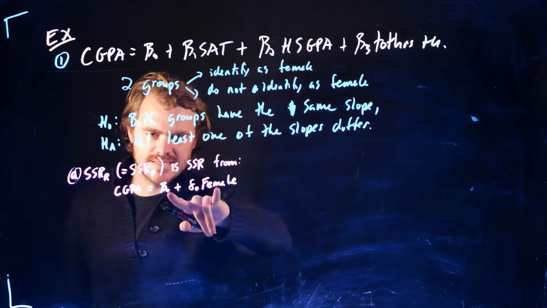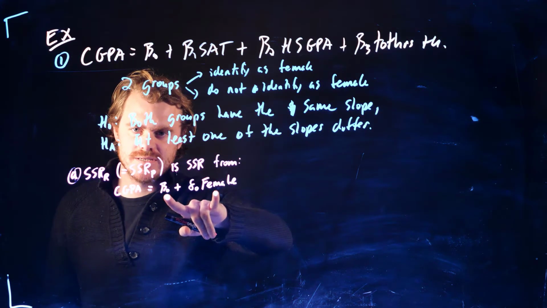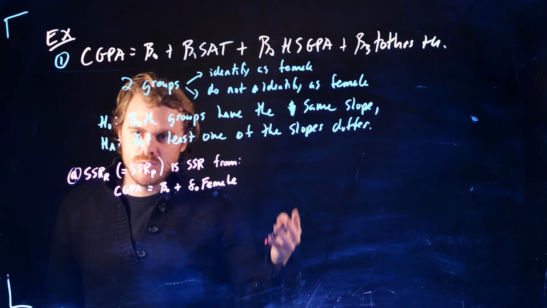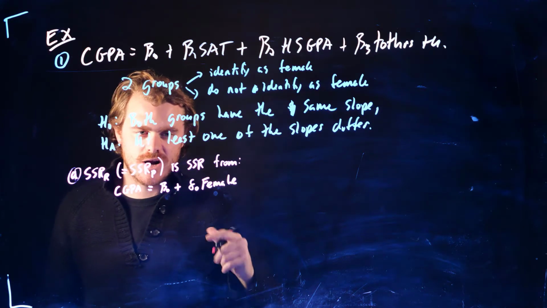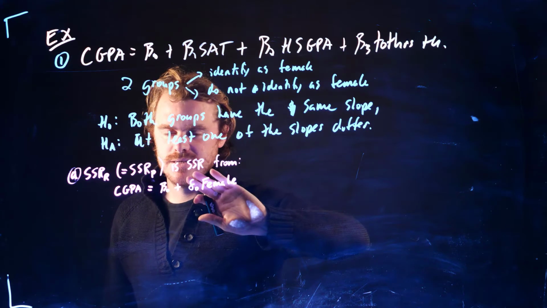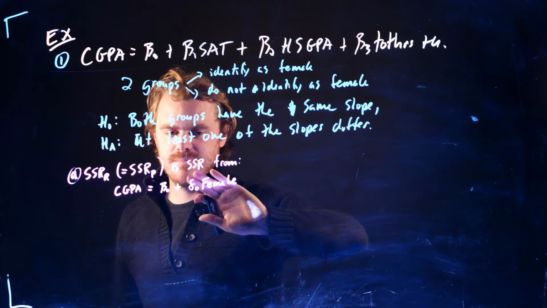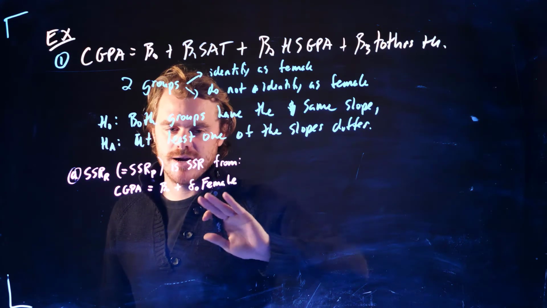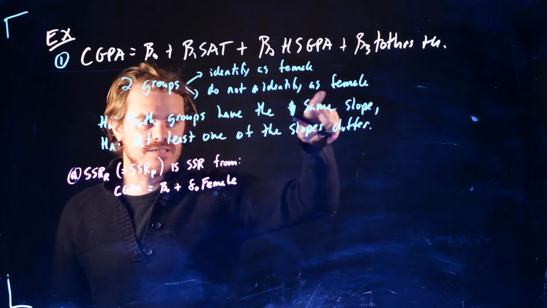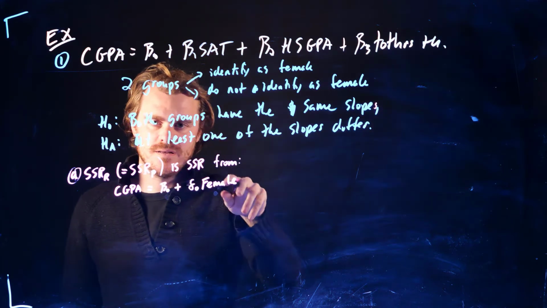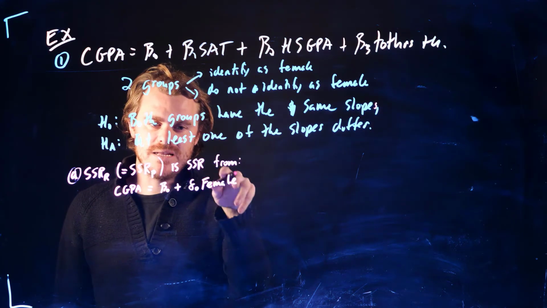What this is doing is allowing the intercept to be different across the groups. If we didn't want to allow the intercept to be different across these groups, we'd need to get rid of that. So how we were doing it before, if we wanted the slopes and the intercepts to be the same, we wouldn't have this in our regression. But because we're allowing the intercepts to be different, we need this term in here.